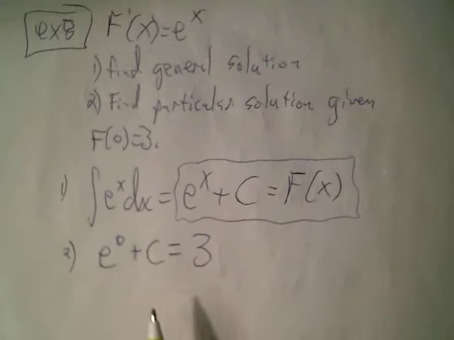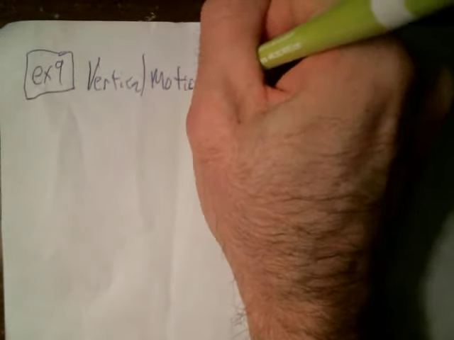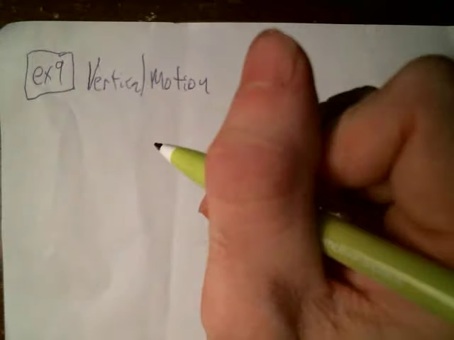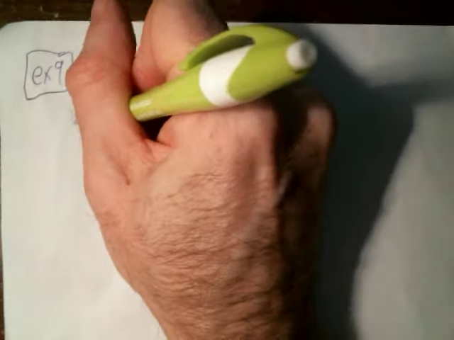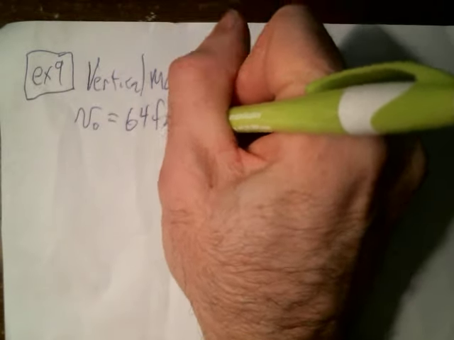Okay, so let's take a look at the physics version of all this. It's example 9, vertical motion. We want to develop the formula for the position function, given that we have a ball thrown upward with initial velocity of 64 feet per second. So I'll say v sub 0 is 64 feet per second.